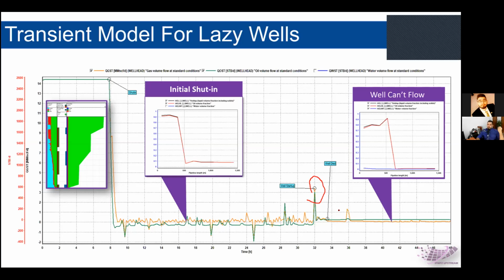So what you need to do is create an alternative bean-up strategy for this type of well. This is the strategy that we operated and it failed to lift up the well. This was the corporate standard strategy to bean up a well or bring it online. However, it failed in this type of well.